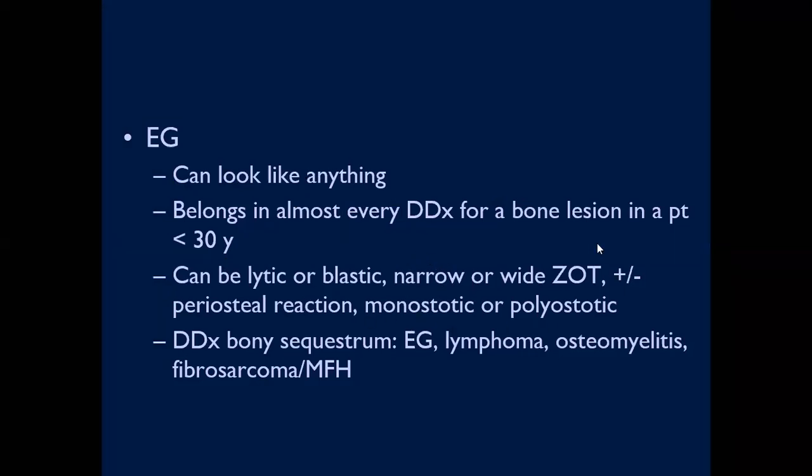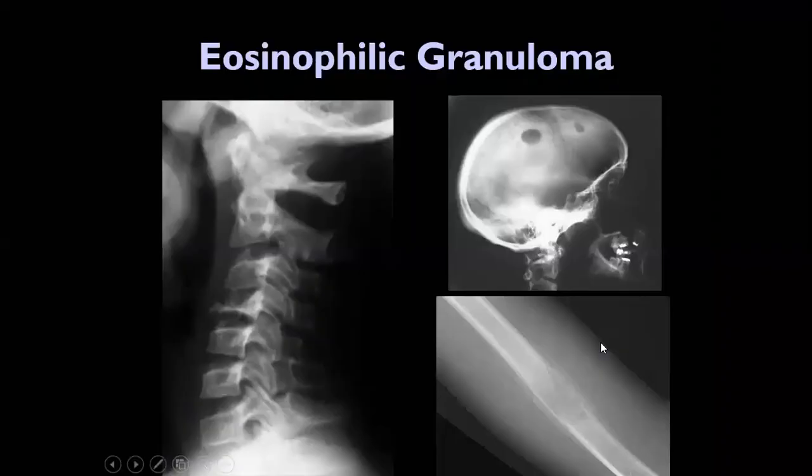Again, it has an appearance of aggressive, but sometimes it can have a narrow zone of transition. As we mentioned, this is the differential diagnosis, and don't forget infection as one of the important differential diagnoses. Here, some appearance of eosinophilic granuloma. This is what is called vertebra plana.